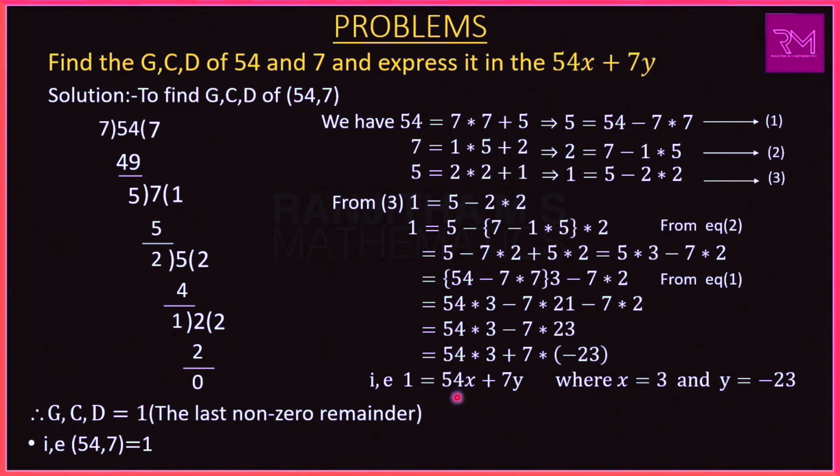Here a is 54 and b is 7, because we are asked to find the GCD of 54 and 7 and express it in the form 54x plus 7y. So this is the procedure to find the GCD with the help of the Euclidean algorithm method. This completes the problem.